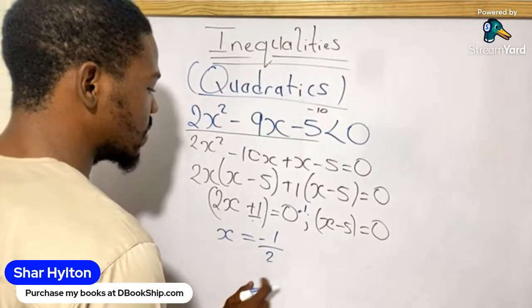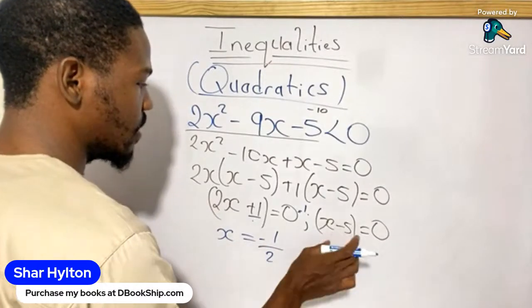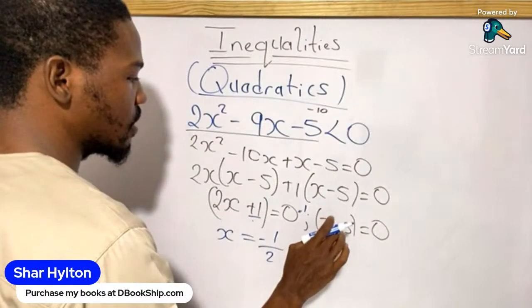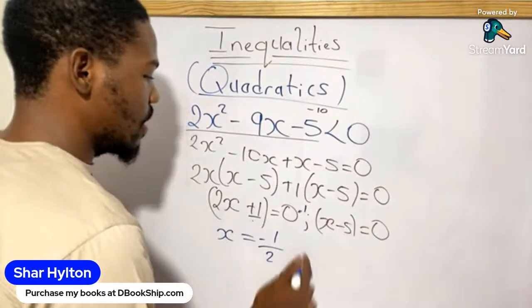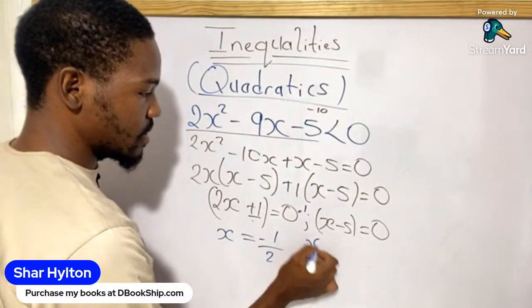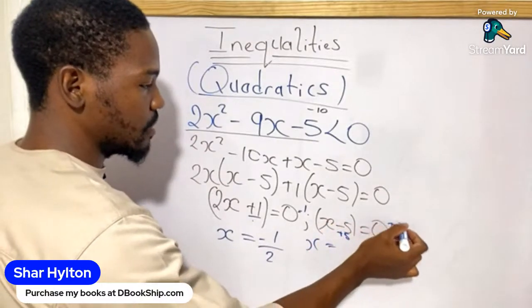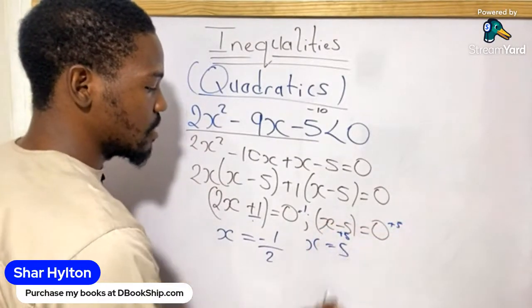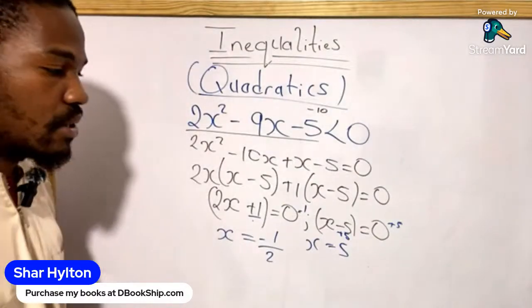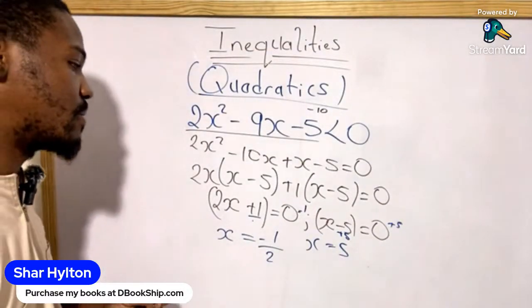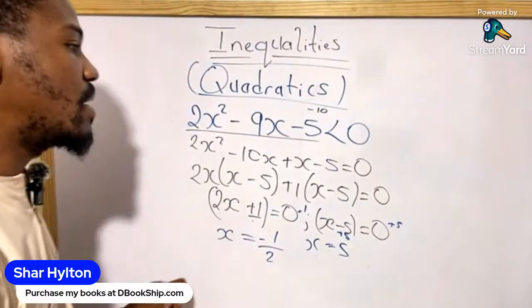So we would have x equals negative a half. Here we would have x minus 5, so this would be a positive 5, so x equals 5. Those are the two possible answers for x.